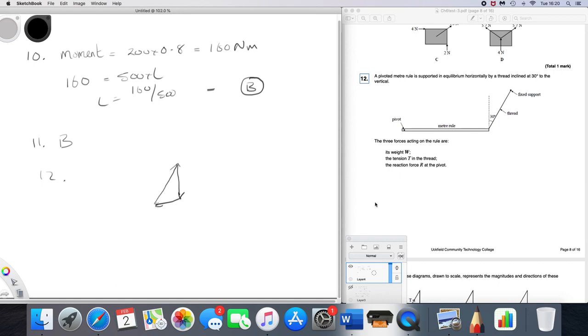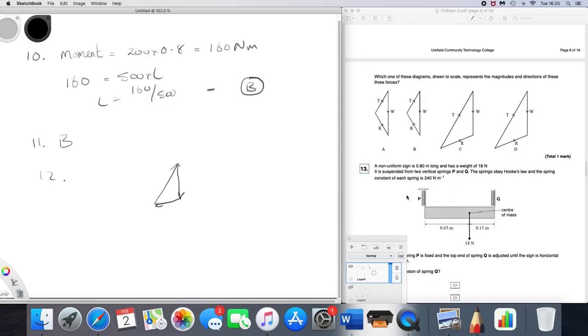So let's have a look. What options do we have? Well, we have this one going to the left and we have this one going to the left. So the difference between these is the relative sizes. Triangles are similar, not in a mathematical sense, but the forces are all going in the right directions, is what I mean.